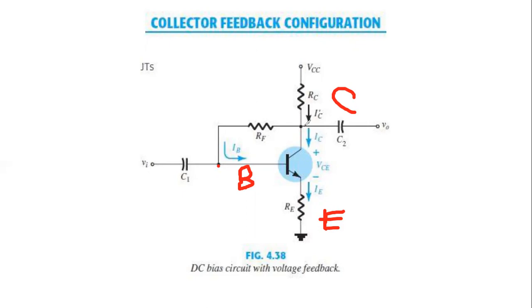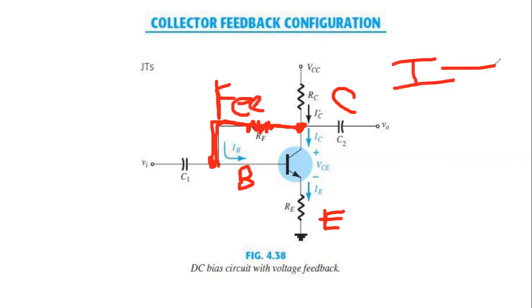You see that there is one electric connection connected here with a resistance that is connected with the input. So you can see that from the output one current is flowing to the input. That's why it is known as feedback. Always we know that from input it goes to the output side, but now from the output some part is going to the input. That's why it is known as feedback.